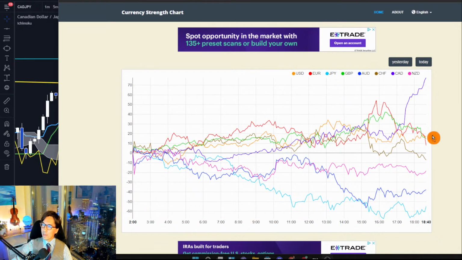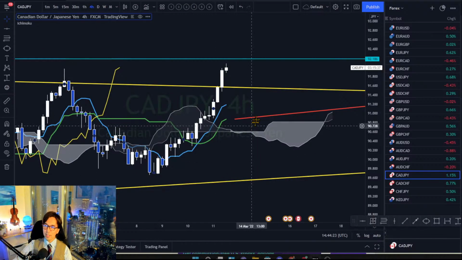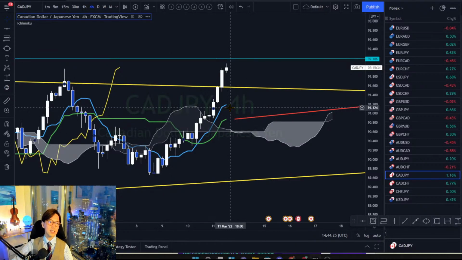So right now CAD is strong, but in the next 5 to 10 minutes it may be different, because this is relative. But if you look at the chart, this is not relative. This is based on the calculated indicators and price action. So you better take trade decisions by the chart, not the currency strength chart.